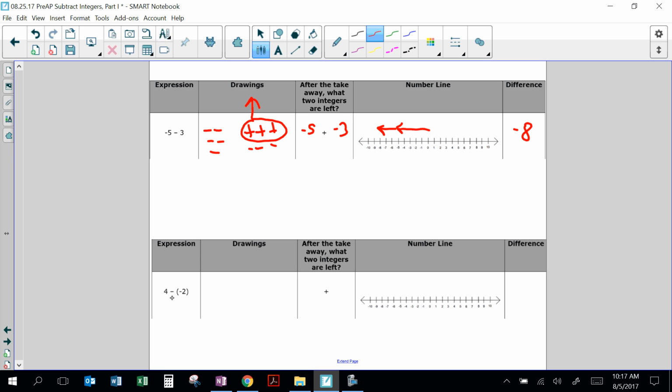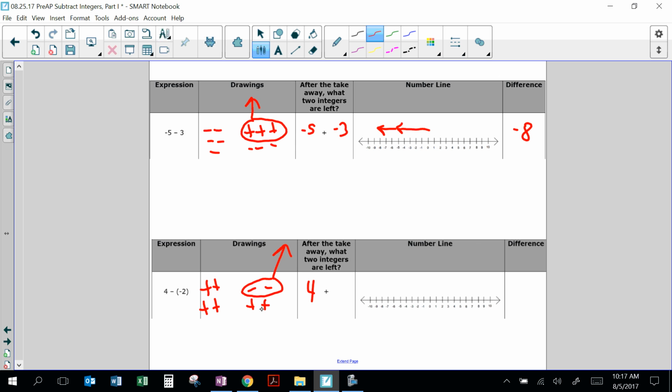All right, so now 4 minus -2. You're starting with 4. Can I take away -2 without changing the value of this 4? How can I do that? With 0 pairs. So I need 2 0 pairs. Can I now take away -2? Here, it goes away. What 2 integers are left?